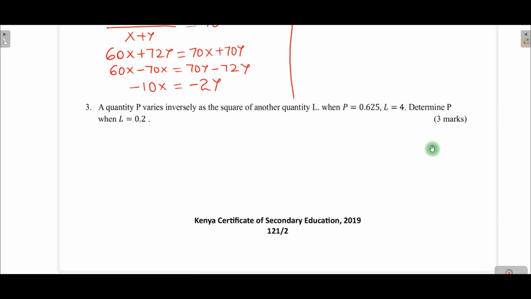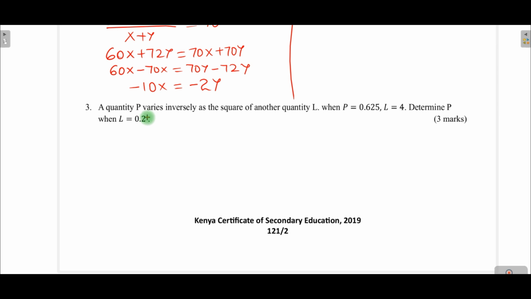For question number 3, a quantity P varies inversely as the square of another quantity L. When P is equal to 0.625, L is equal to 4. Determine P when L is equal to 0.2.